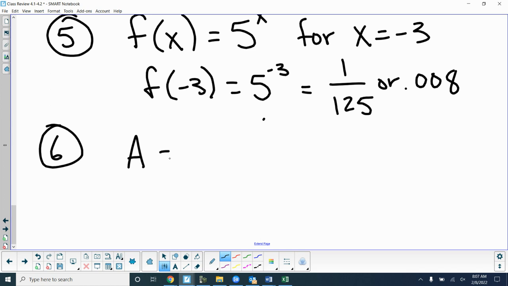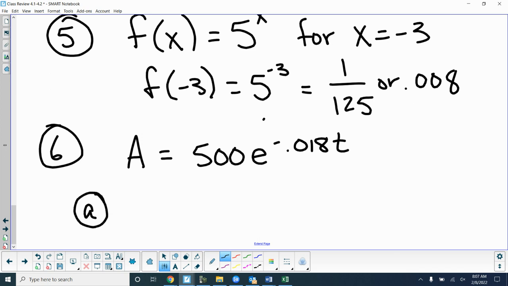So A stands for the amount, and then it's 500 e to the negative 0.018 t power. All right. So A asks, use the graphing calculator to determine how long it will take for the amount of medication in the patient's bloodstream to reach 302 milligrams.